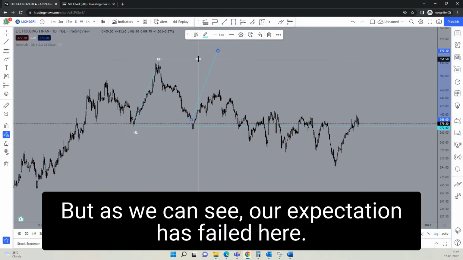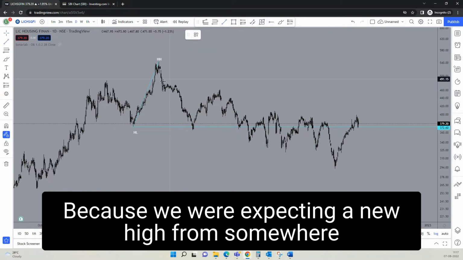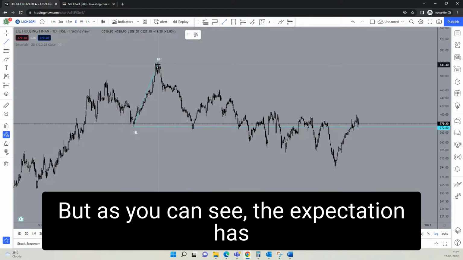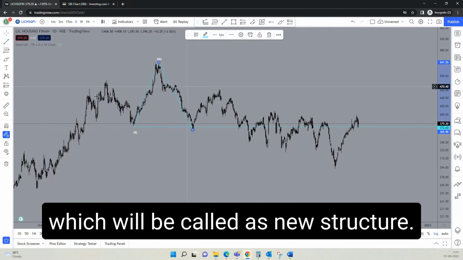But as we can see, our expectation has failed here. How has it failed? Because we were expecting a new high from somewhere between this area of higher low and higher high. But as you can see, the expectation has failed and it has made a new low, which will be called a new structural low.